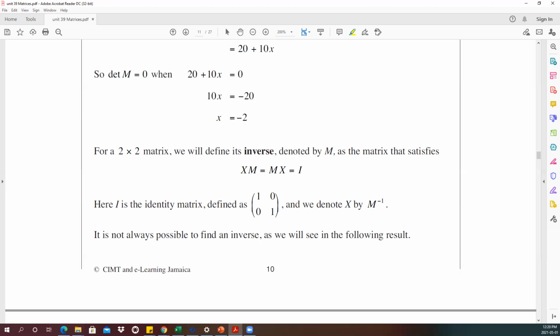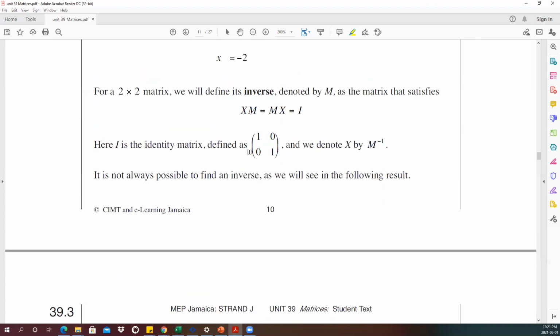However, a matrix multiplied by its inverse is commutative. If matrix A is an inverse of matrix B, then matrix B is an inverse of matrix A, and when you multiply them, you get the identity matrix. That's how you know for sure they are inverses of each other, and we'll see why that is important.